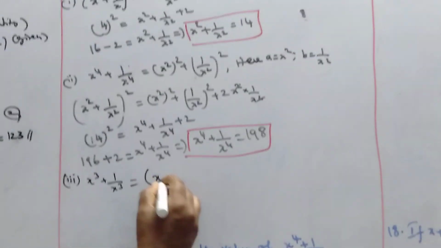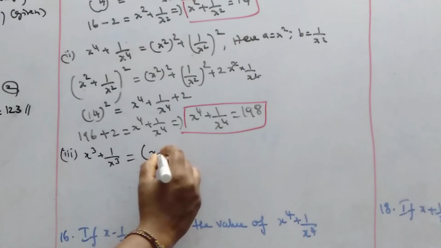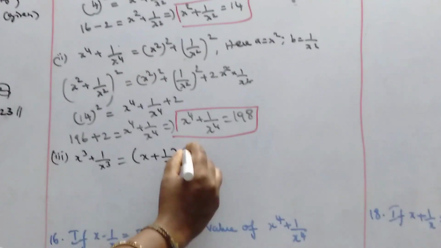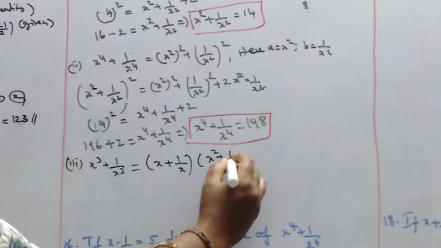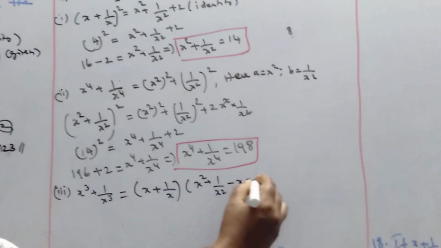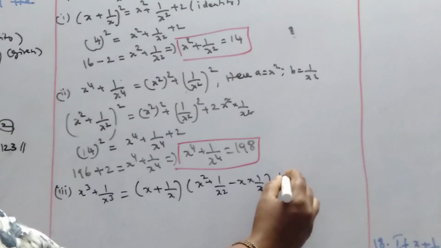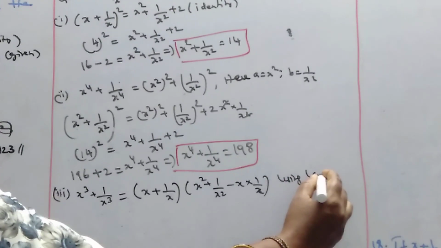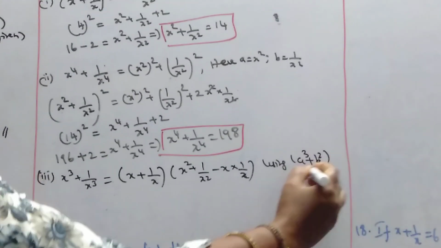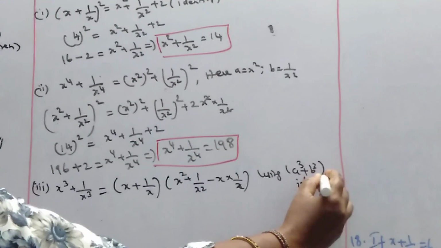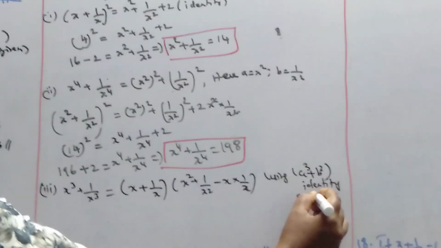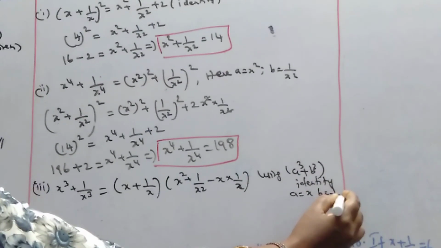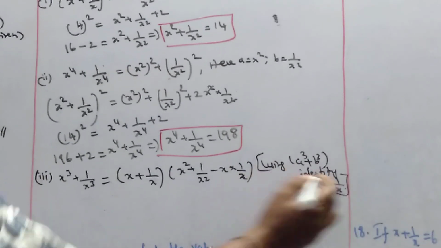So the formula here is a plus b into a square plus b square minus ab, using the a cube plus b cube identity. A here is x, b here is 1 by x, right? Okay.